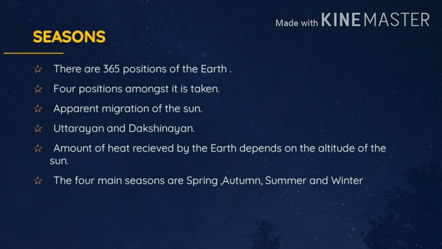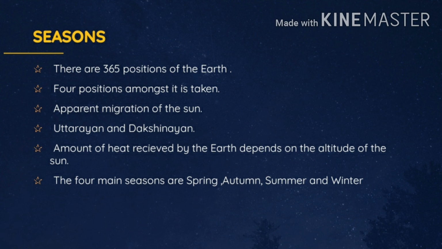The amount of heat received by the earth depends on the altitude of the sun, with reference to the position of the earth when it is revolving around the sun. The place that receives the direct heat of the sun is much hotter than the place receiving oblique rays.